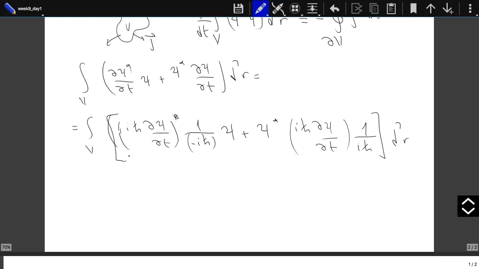And this is nothing but using our time dependent Schrödinger equation, i h bar del psi by del t equals H psi.